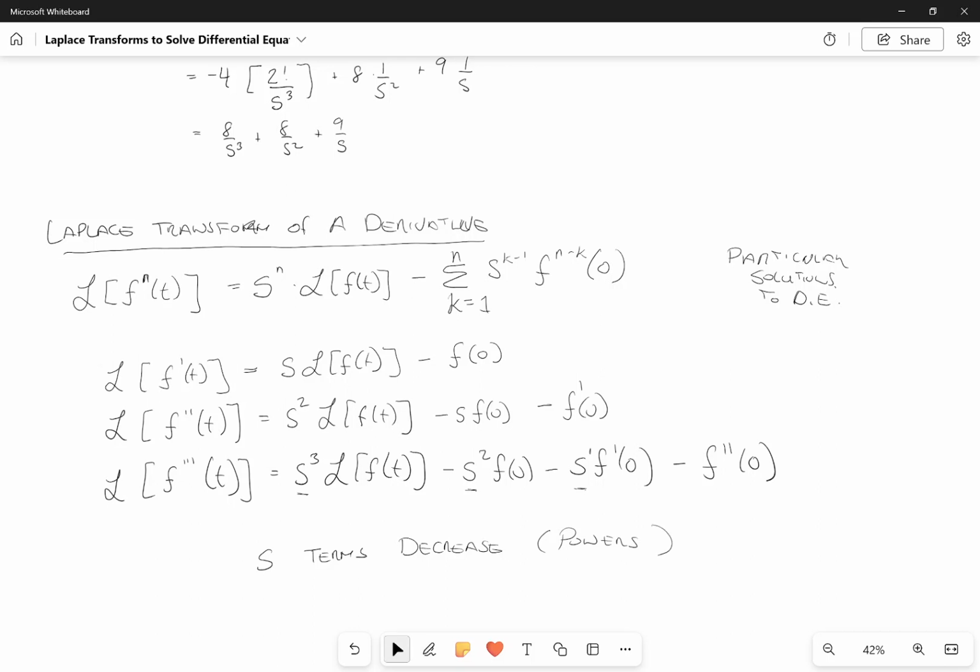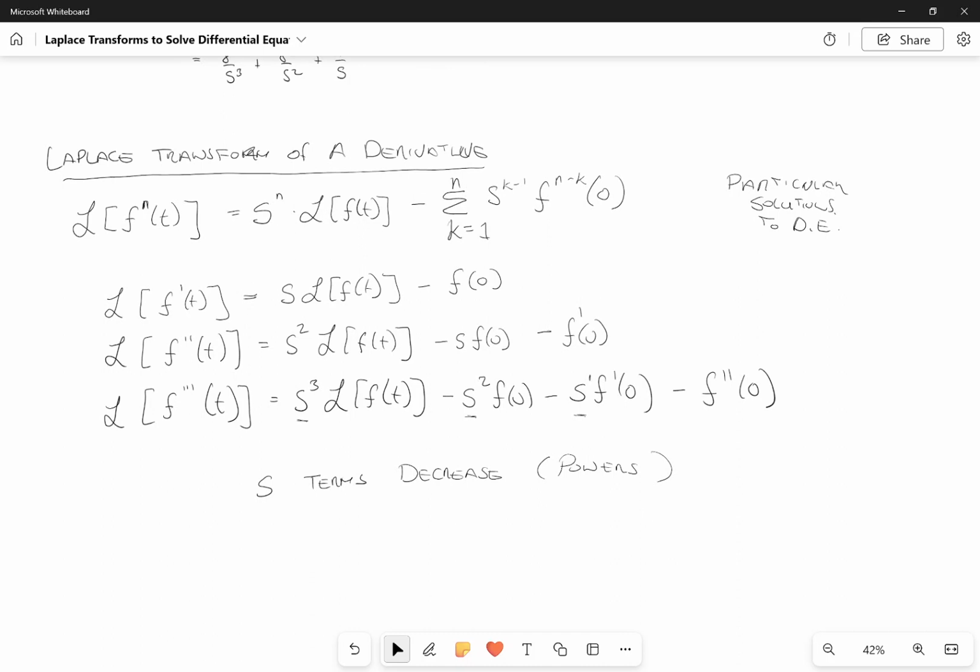And what you notice is that the primes, the derivatives of f, increase. So the way I remember it is: s powers go down, f primes go up. That's how I remember to write this equation.